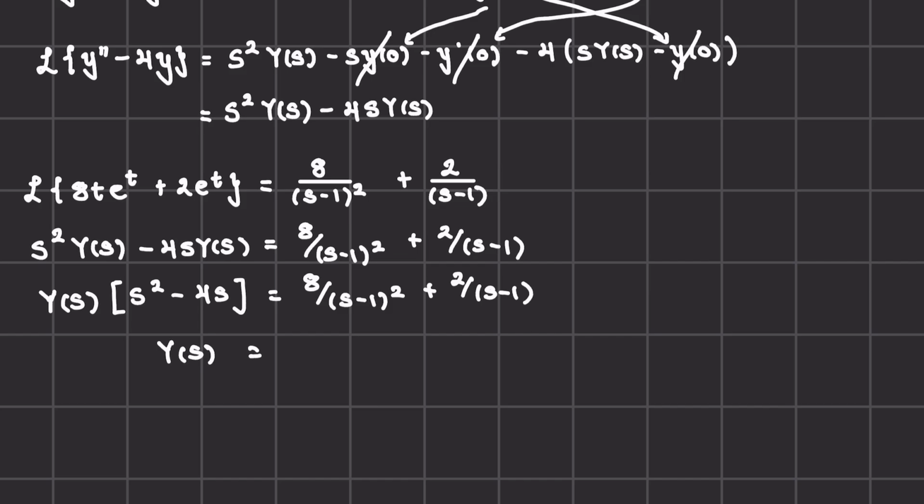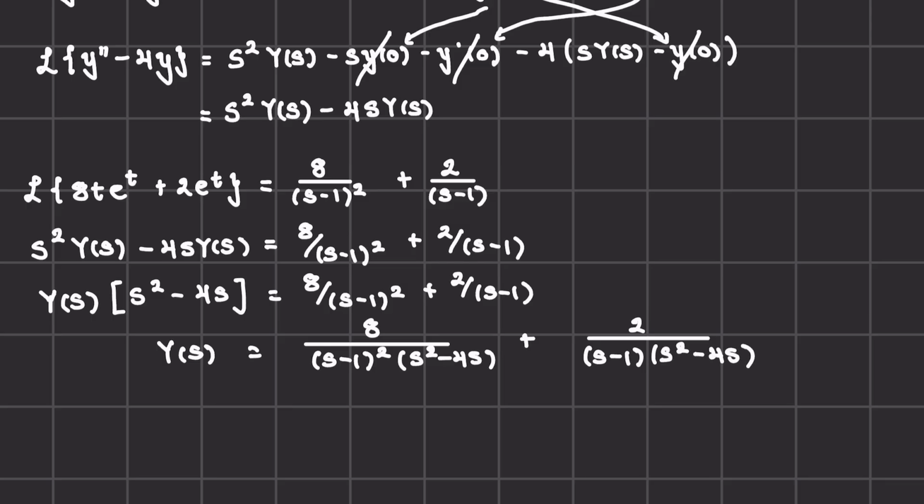This is equal to 8 over (s minus 1) squared times (s squared minus 4s) plus 2 over (s minus 1), without the square, times (s squared minus 4s). Actually, let's write it this way because we would otherwise have a big fraction right here. All right, we are at this equation right now.